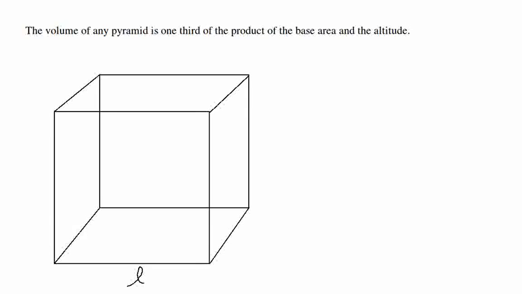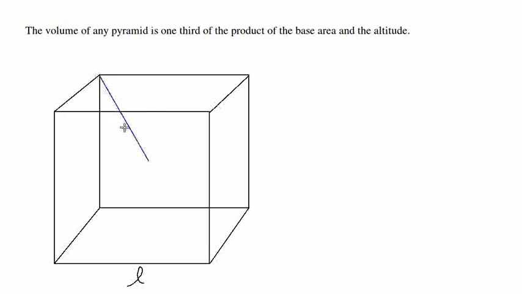So if you're having trouble seeing how I can divide a cube into 6 identical pyramids, the bases of the pyramids are the faces of the cube, and all the vertex points of all the pyramids are located at the center of the cube.